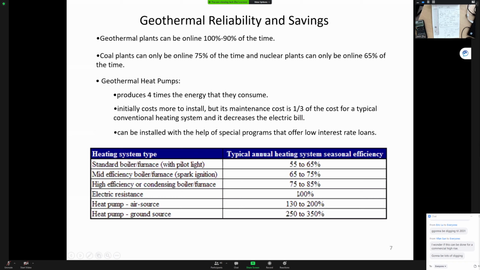Electrical, because if you use electrical heating, all the electricity converts to heat. But if you use gas or something, you always lose a little bit of heat because you're burning it. There's CO2, or a little bit of heat will be exhausted out.